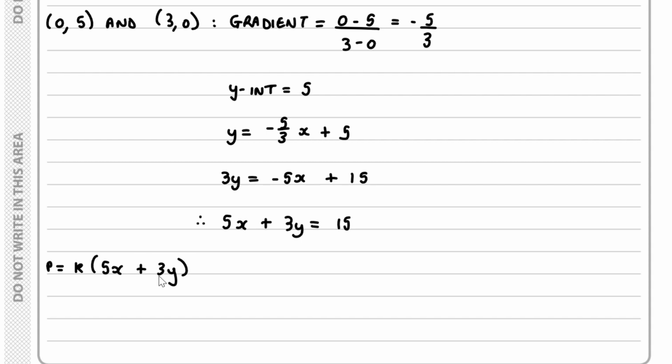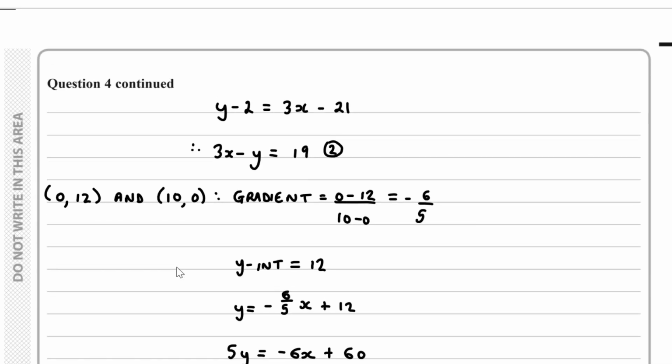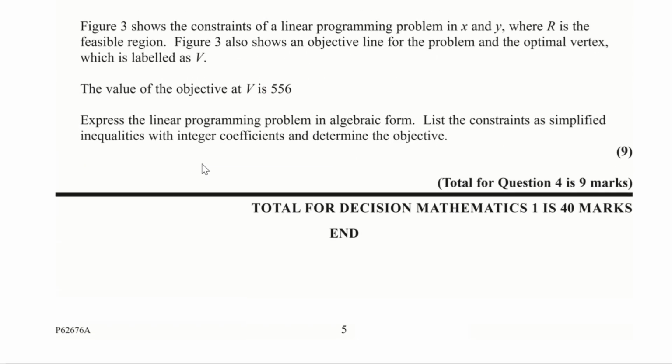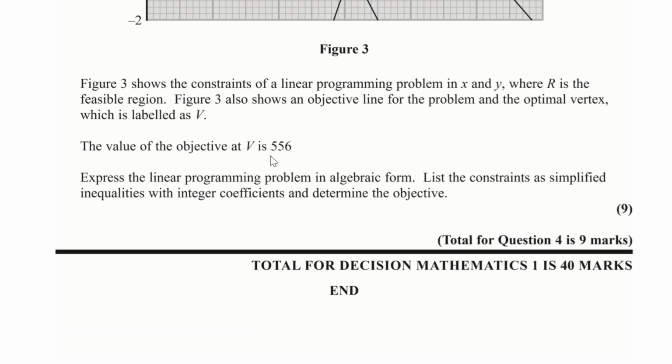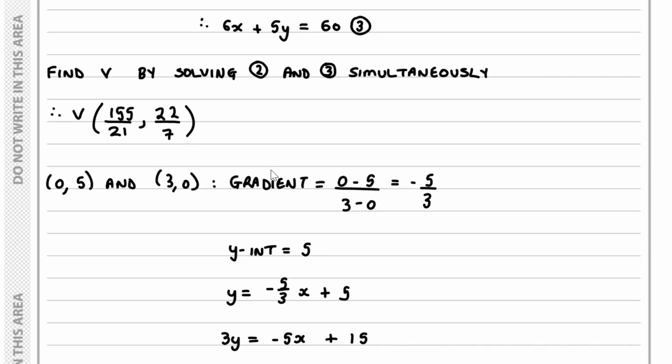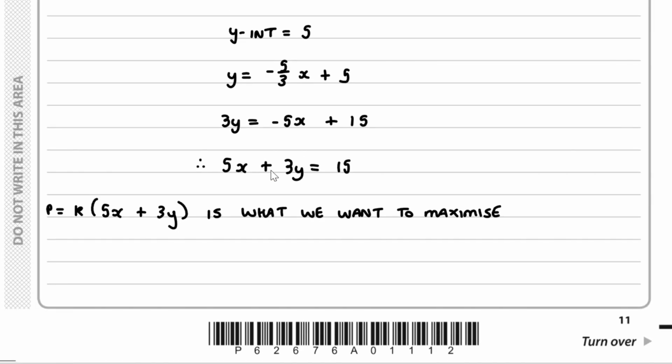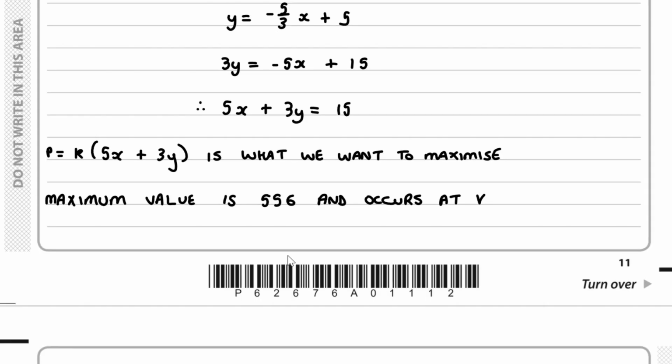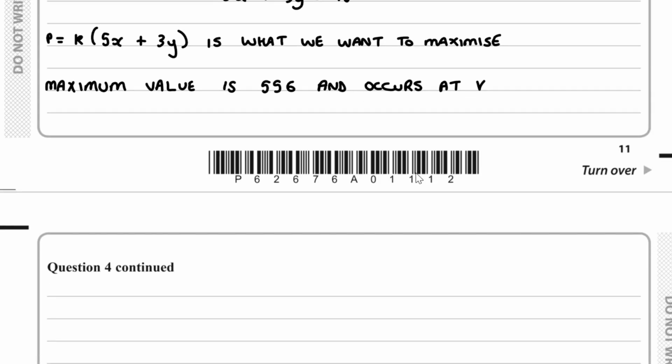Now, of course, the gradient of this line is parallel to this. So p equals k lots of 5x plus 3y is what we want to maximize. And we know already from the question that the maximum value is 556, and this occurs at the point V.